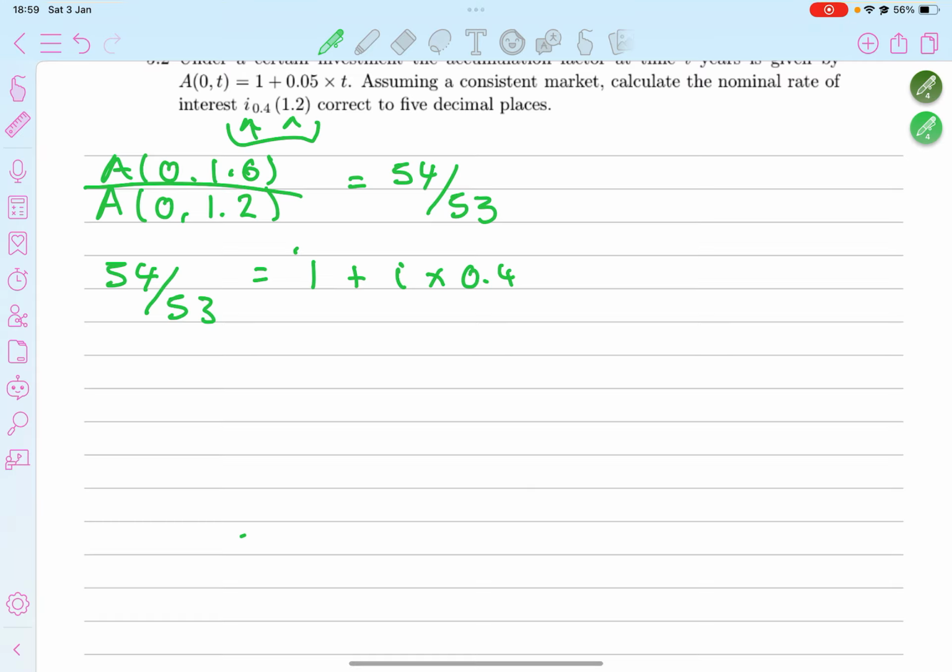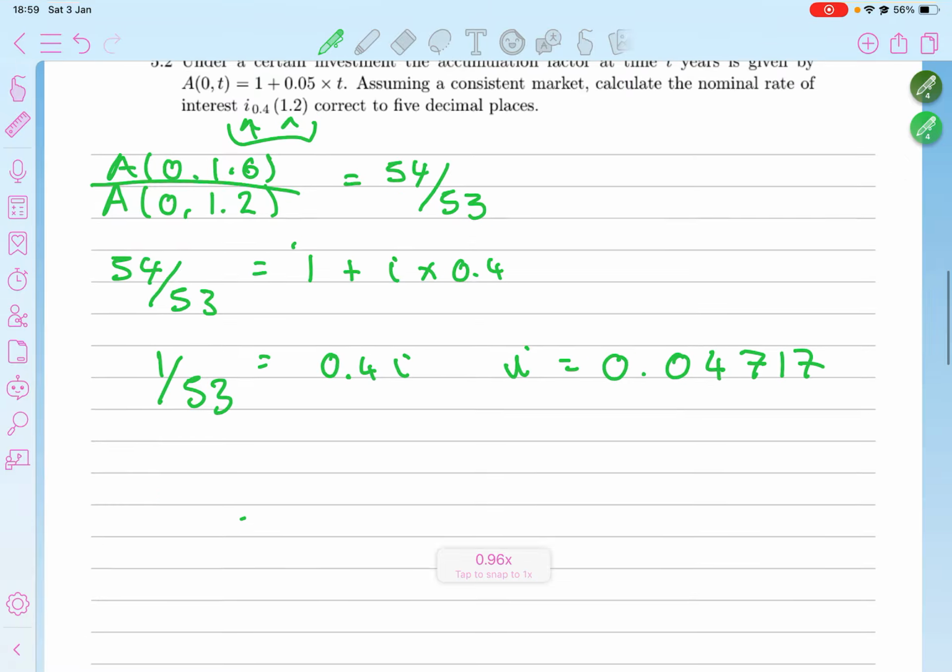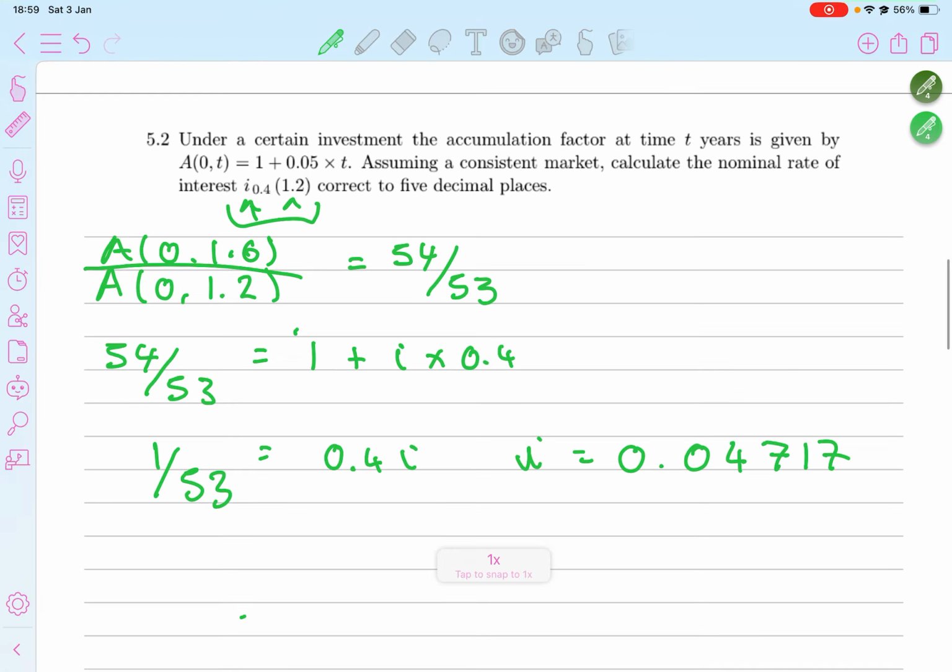So 54 over 53 minus 1 is 1 over 53. So 1 over 53 is equal to 0.4 I. 1 over 53 divided by 0.4, I is equal to 0.04717. Okay, no, that's correct.